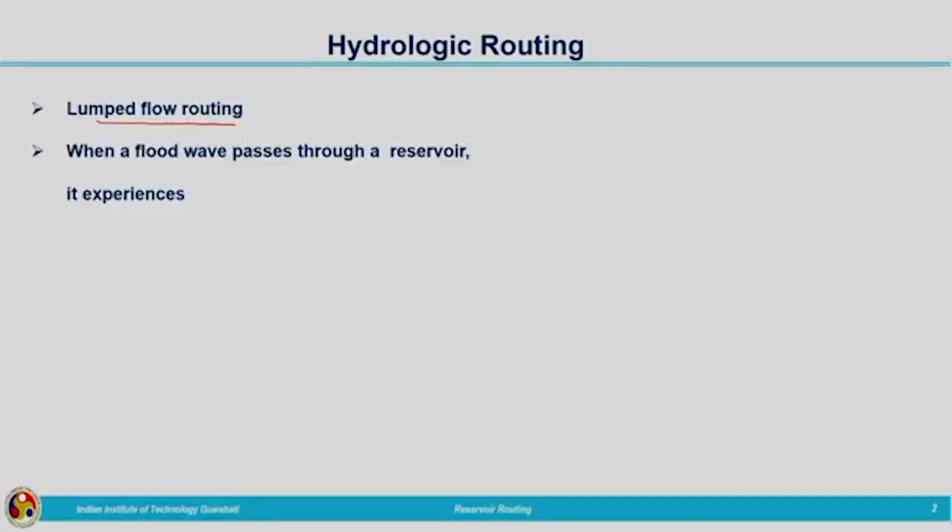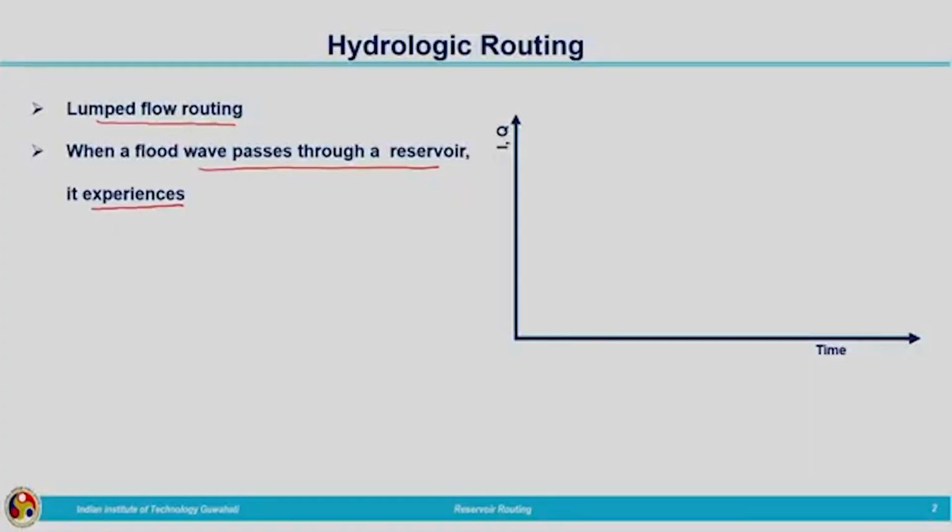When a flood wave passes through a reservoir, it experiences many changes. In the previous lecture we saw that we cannot expect the same flow hydrograph at the downstream location. As it traverses a distance from upstream to downstream, many changes take place in the hydrograph, that is, the flow properties change.